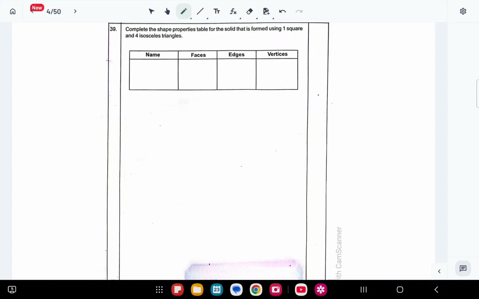Moving on now to number 39. They said complete the shape property table below for the solid that is formed using 1 square and 4 isosceles triangles. So if it's 1 square and 4 isosceles triangles, we get a square base pyramid.